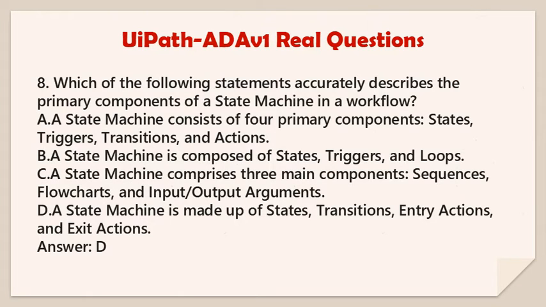C. A state machine comprises 3 main components: sequences, flowcharts, and input-output arguments. D. A state machine is made up of states, transitions, entry actions, and exit actions. Answer: D.